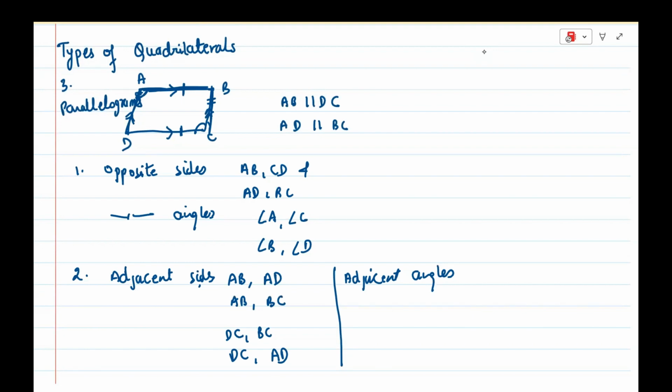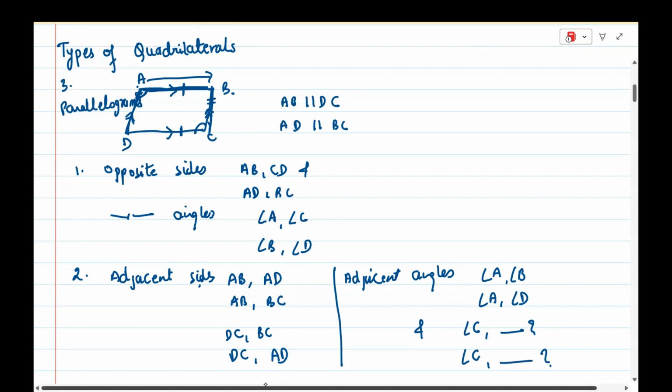Here, if I take angle A, while moving around the quadrilateral, A has a neighbor B, and A also has a neighbor D. So A has adjacent angle B or adjacent angle D. In the same way, can you comment what the adjacent angles of C are? There are two adjacent angles. Angle C is adjacent to this and C is also adjacent to this. If you understood the concept, please comment.